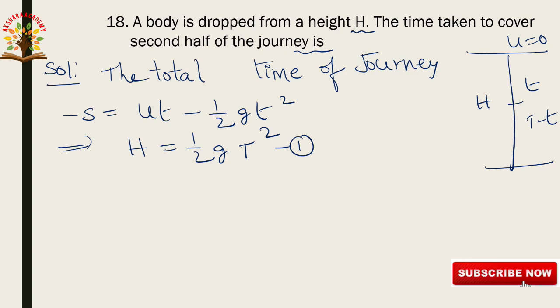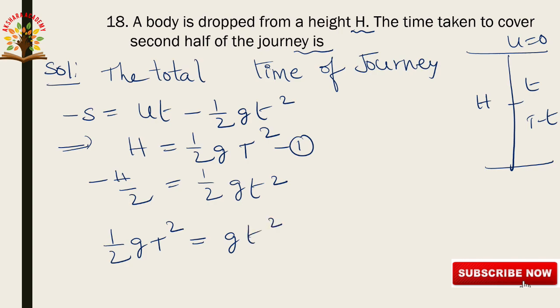And next, minus h by 2 is equal to half g t square. In the place of h, substituting half g T square, half g T square is equal to g t square, the 2 gets cancelled.